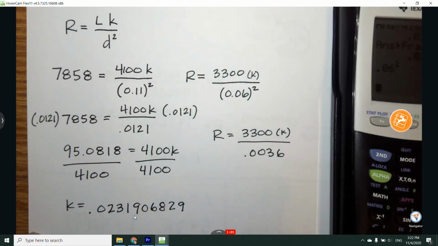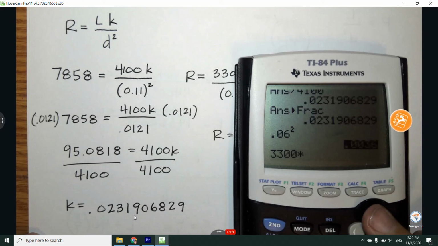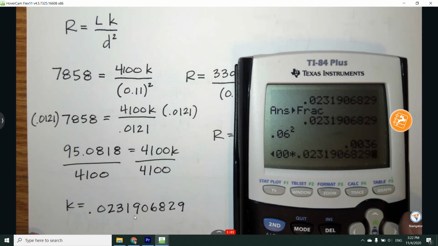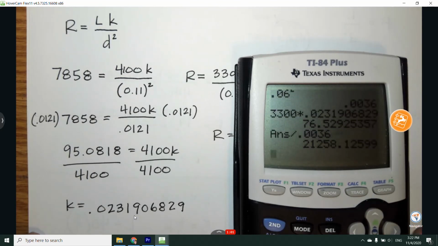So let's do this 3,300 times, and if you've done this on this calculator, you can just go grab this number up here and multiply it. And then we want to divide it by this number here. And so that gives us what we're looking for.